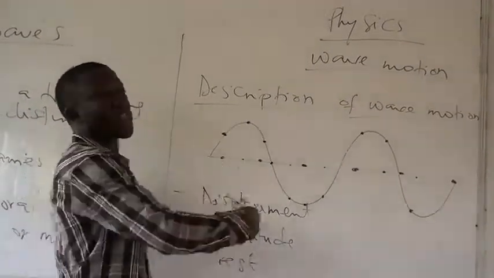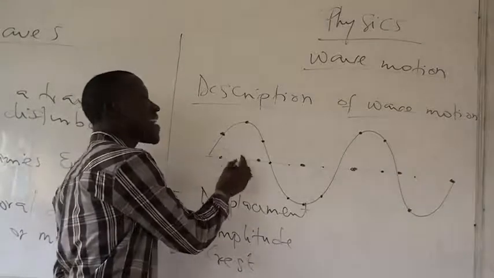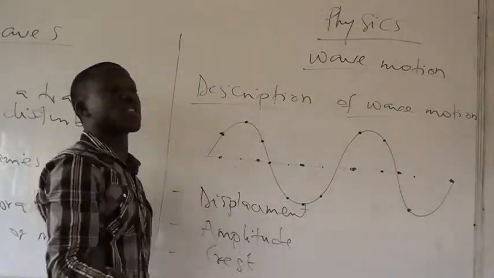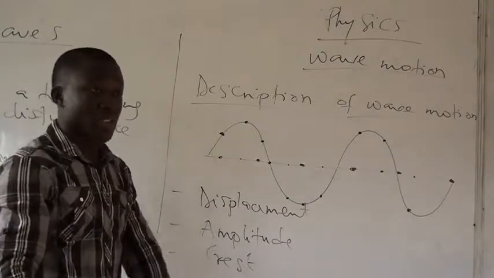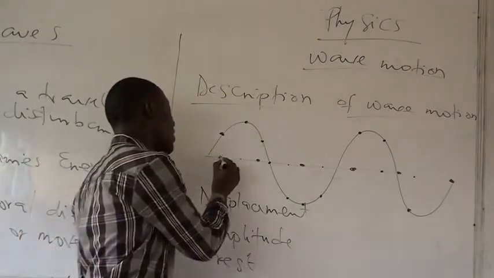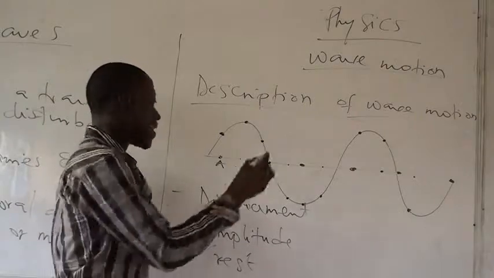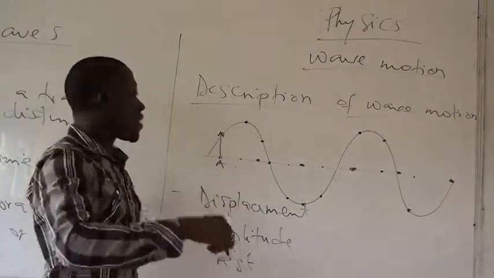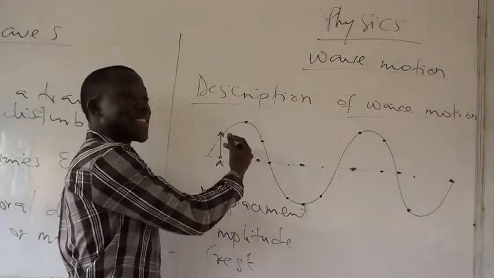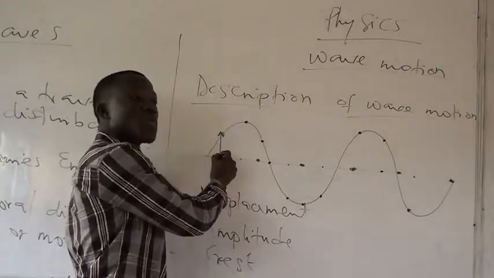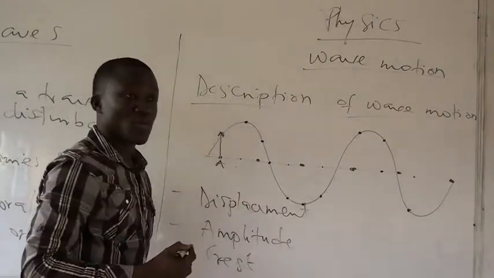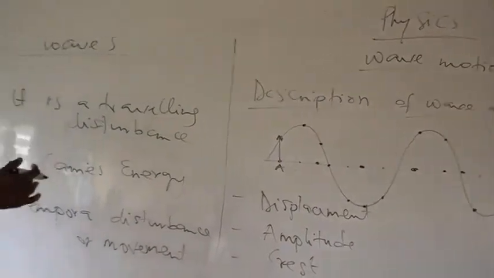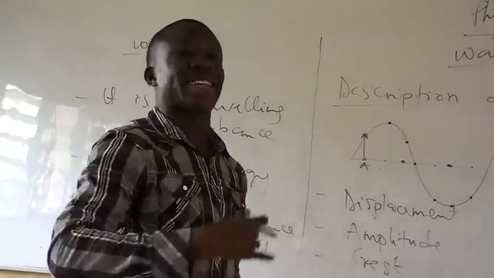So during that vibration, the distance any particle travels from its equilibrium position is its displacement. If I want to talk about particle A, for instance, it moves in this direction to this point. So the displacement of A is its distance from its equilibrium point to where it gets to.